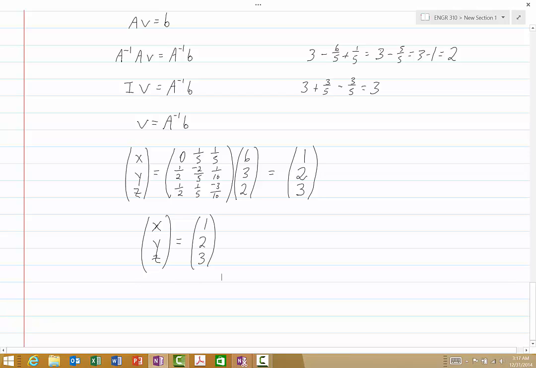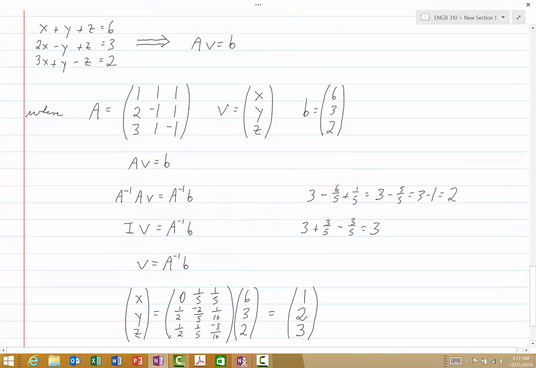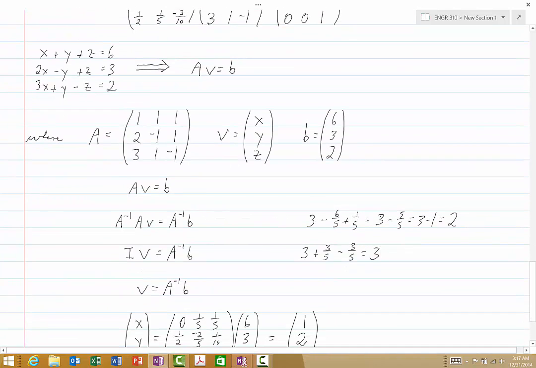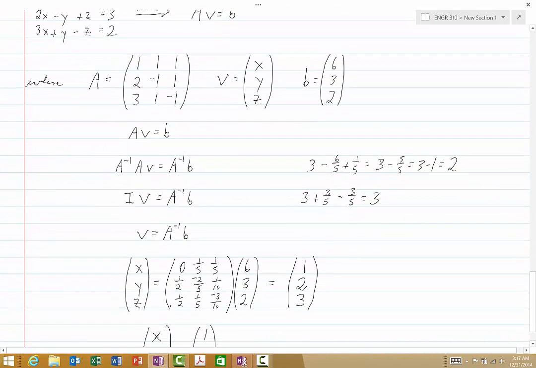And you might wonder, well, why would I want to do it this way? Suppose that you had to solve this equation, AV equals B, for many different values of B. Well, if you took the Gauss elimination approach every time, you'd have to go through that whole procedure every time to calculate your answer.